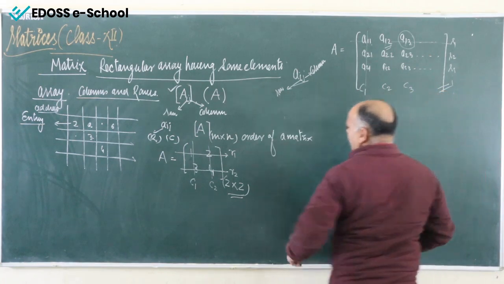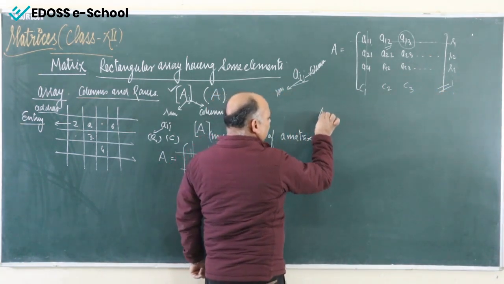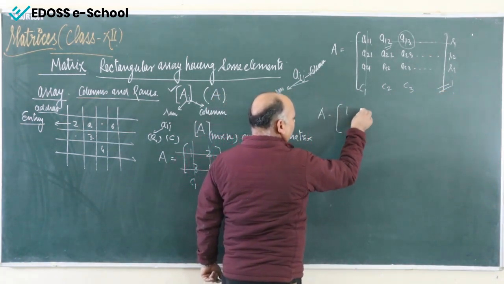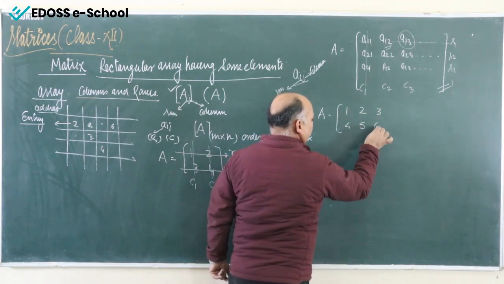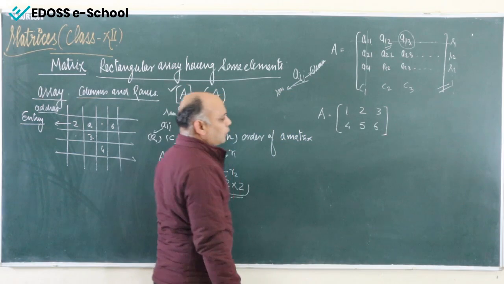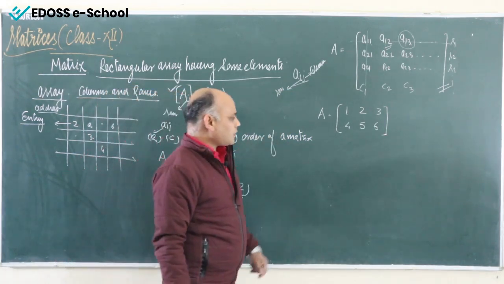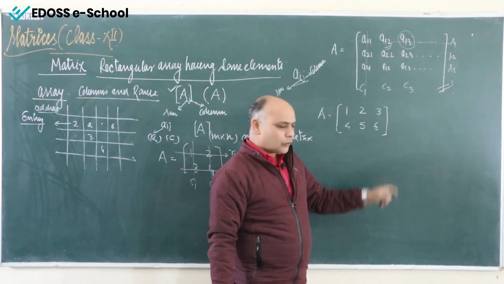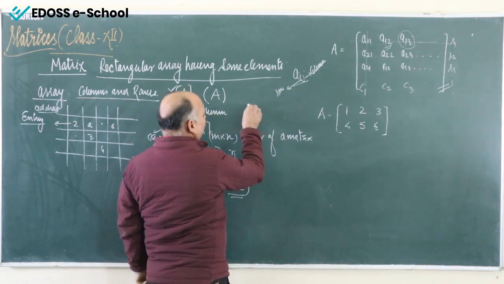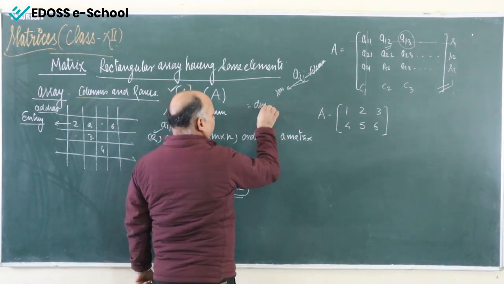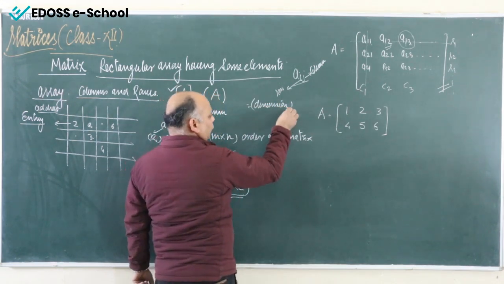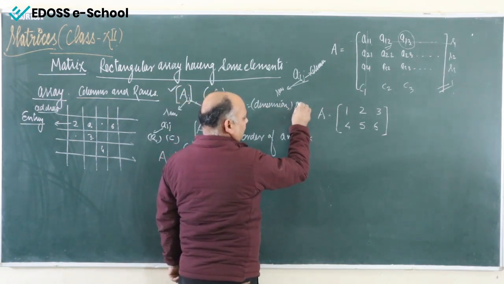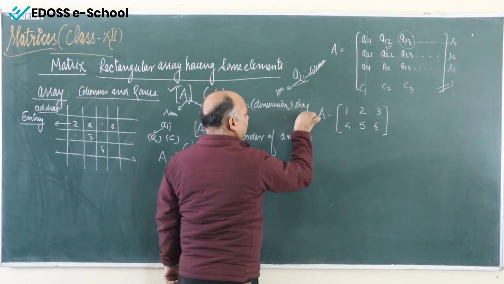Suppose the question is, if A equals 1, 2, 3, 4, 5, 6, we have to find the order. Order can also be defined as dimension. Sometimes it asks what is the dimension of a matrix, or the space of a matrix, or the shape of the matrix.